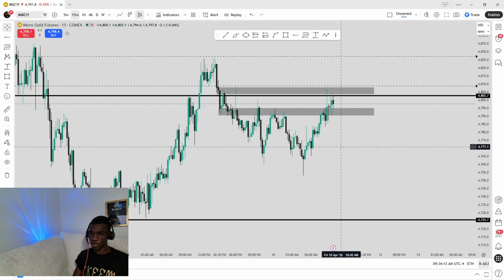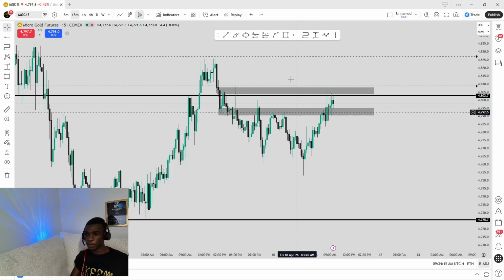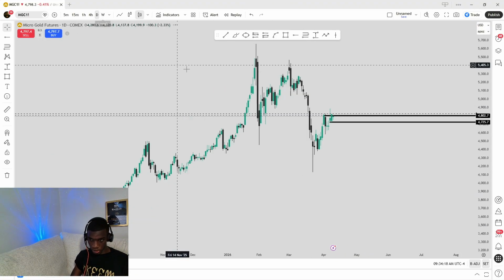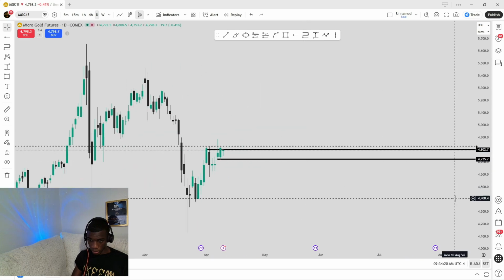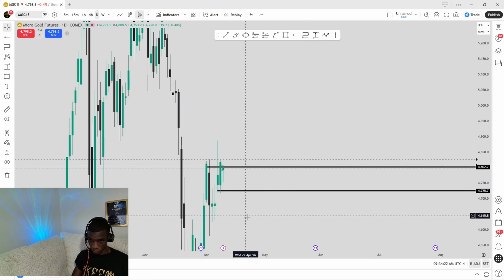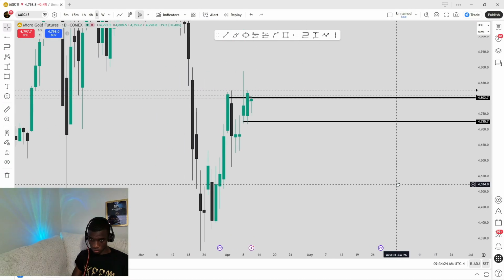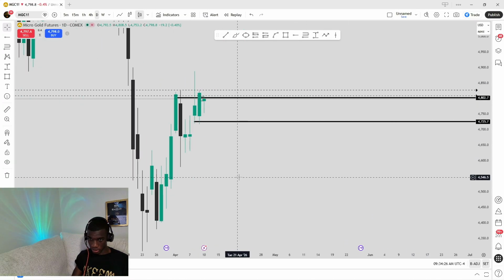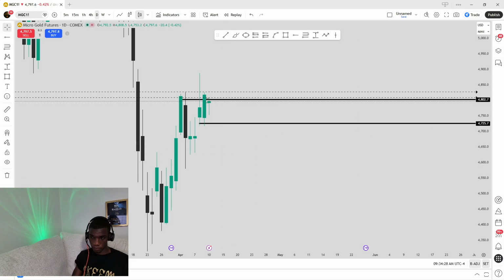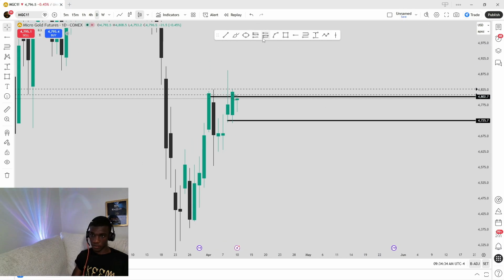So once you push out the sellers, the market is trending up on the daily. And look at the daily too. We have a higher high. So hold on, let me just lock this.